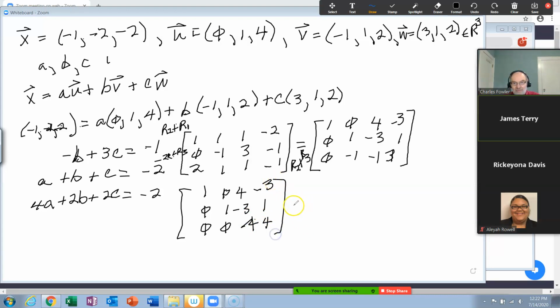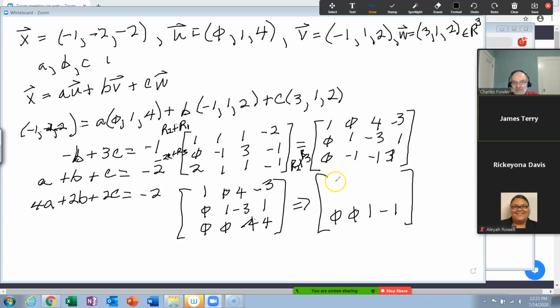Okay, guess what we want to do next? So again, divide the bottom row by minus 4, making a 0, 0, 1, minus 1.